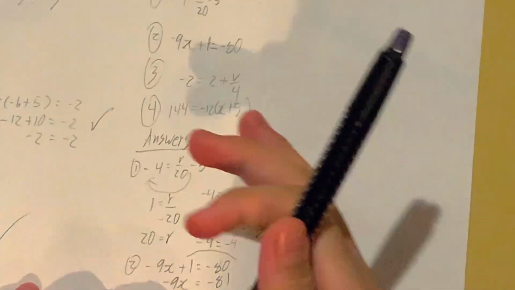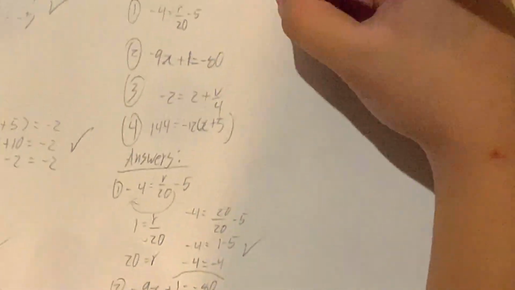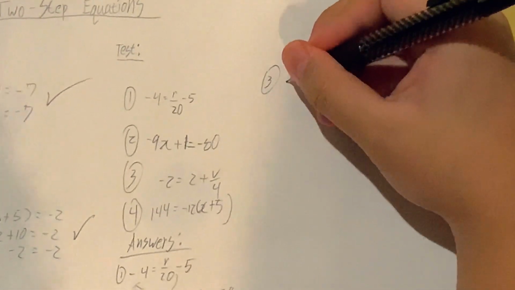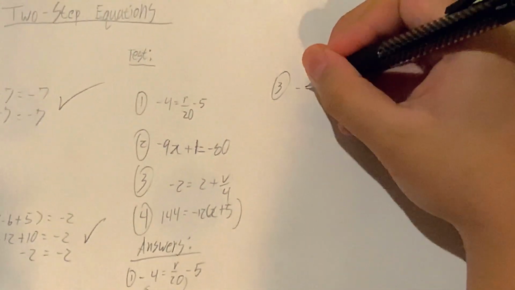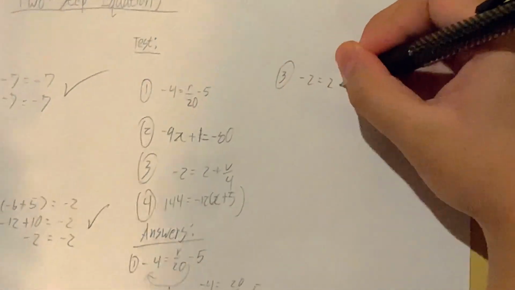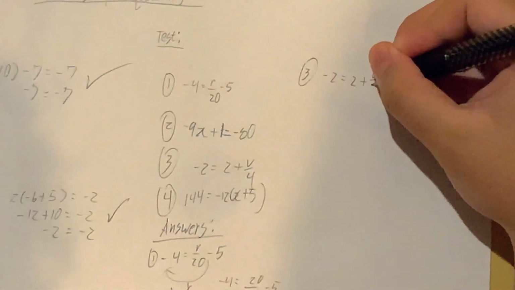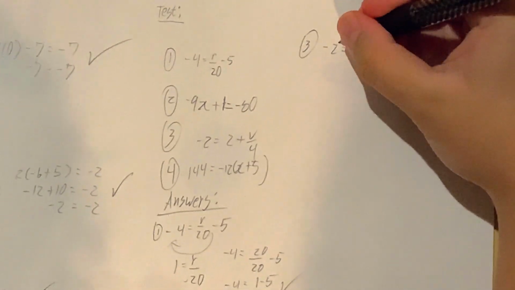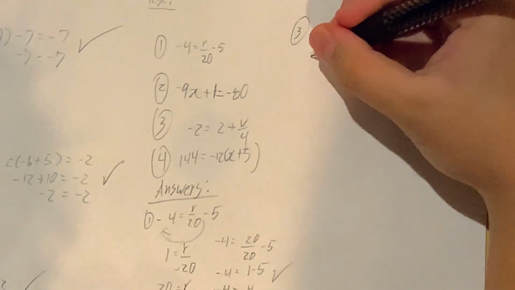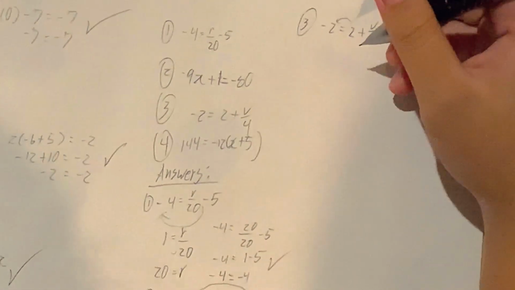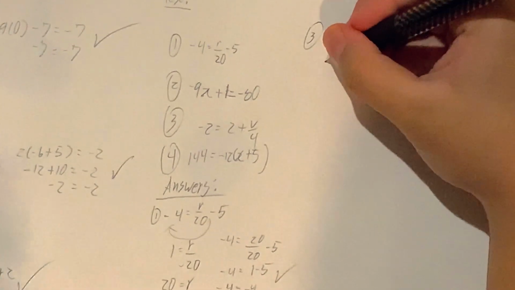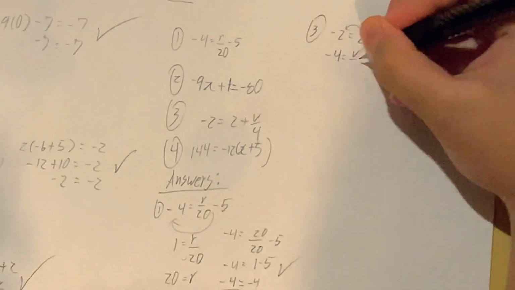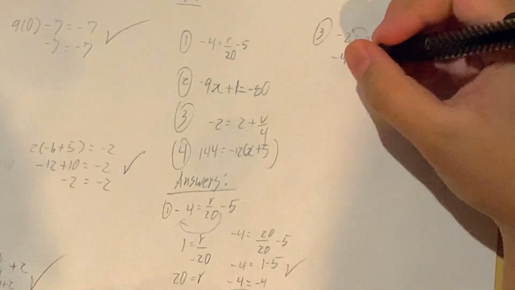Let's move on to number 3 because there's no space in here. I'm going to write it here. -2 equals 2 plus v over 4. Plus 2 is going to move in here. It's going to become -2. And if you add those together, it's -4 equals v over 4.